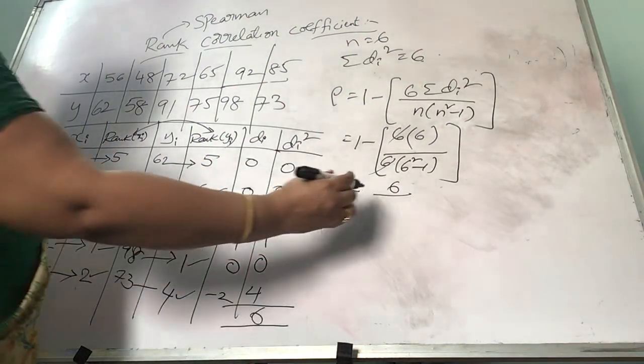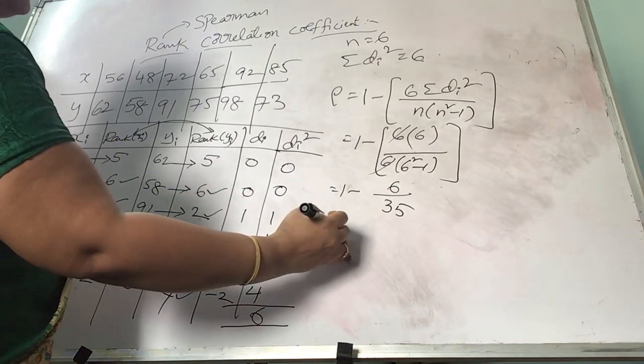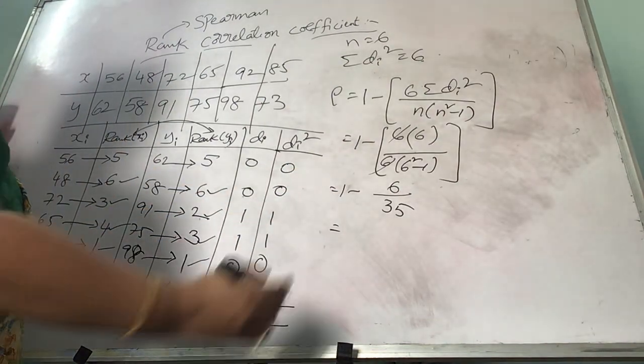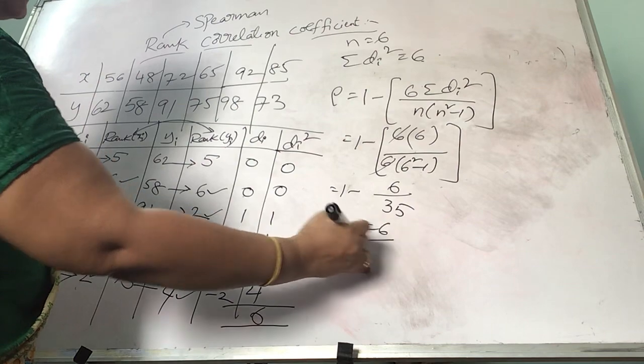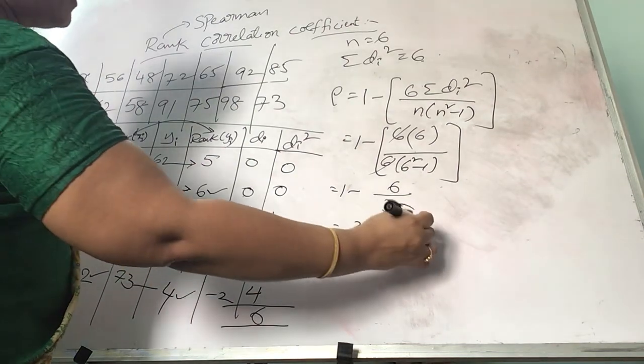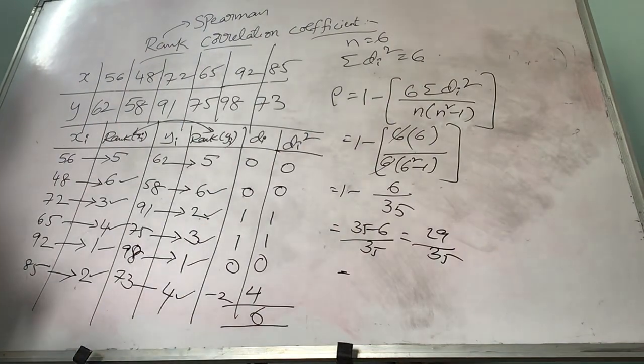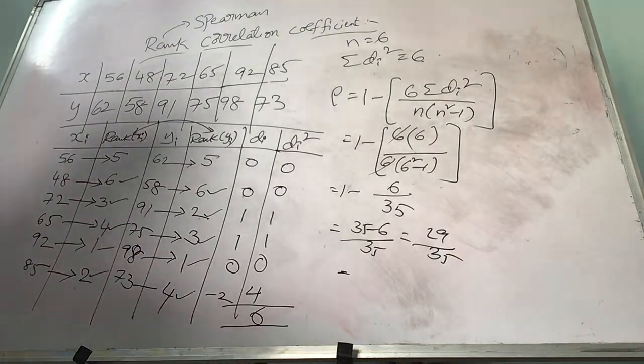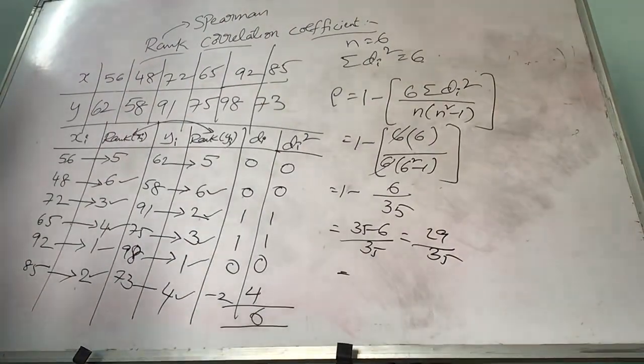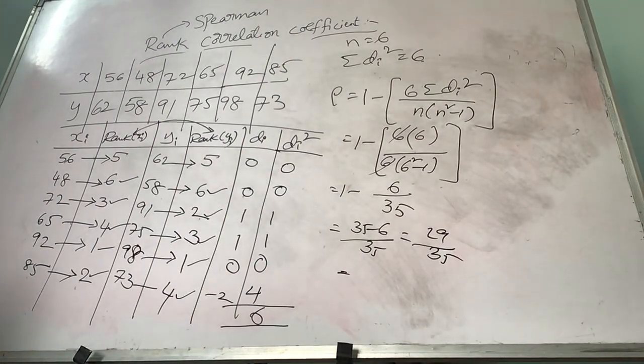So 1 minus 6 by 6 square minus 1. 36 minus 1 is 35. 1 minus 6 by 35. That is 35 minus 6 by 35. We get 29 by 35. We can calculate this value using a calculator, or leave this fraction as is, no problem.